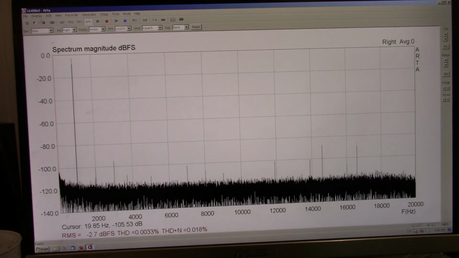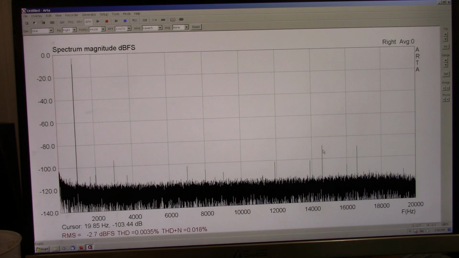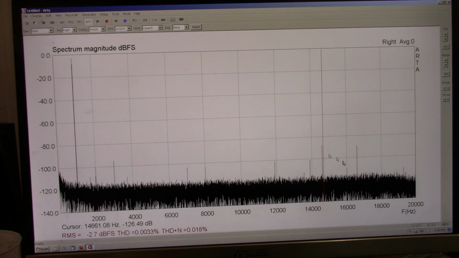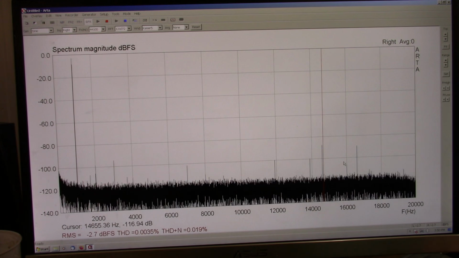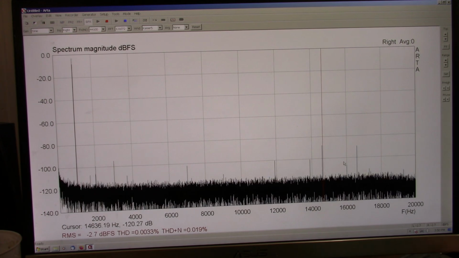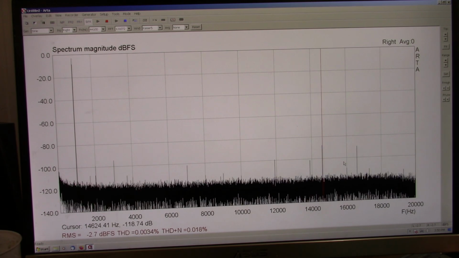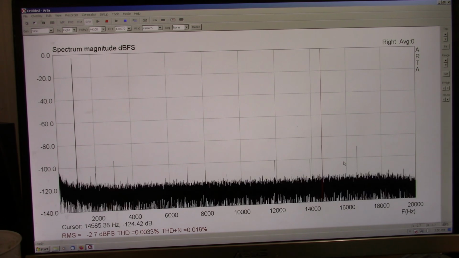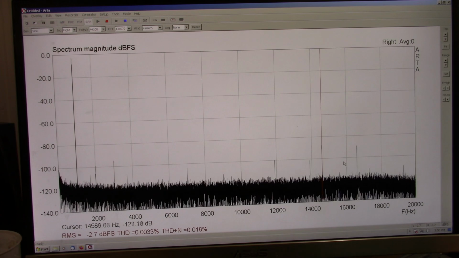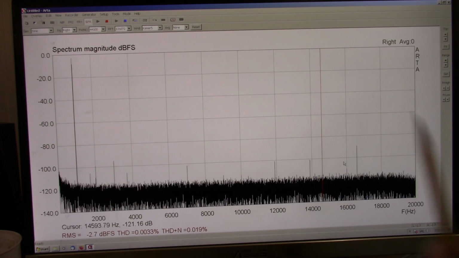Now let me pick this one here and show you. Come on, there it is. Now I gotta move this cursor to measure that peak. It's a little tedious to use. Probably have too many data points set up on the screen. It takes forever.